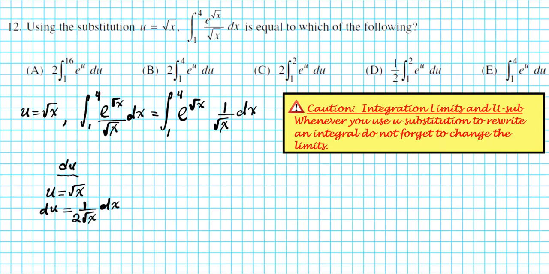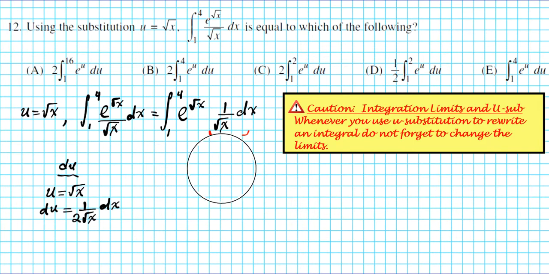Alright, so now let's compare this portion of our integrand with this portion right here. What do you notice? We have an annoyance. We have this 2 here that's not present here, so we have to fix that. The right side has to match with 1 over root x dx perfectly in order for us to make a clean substitution.